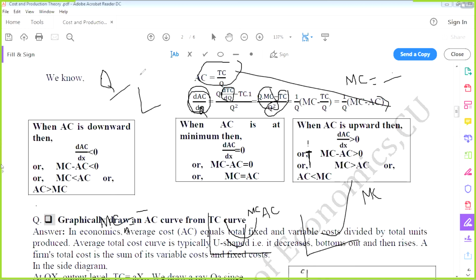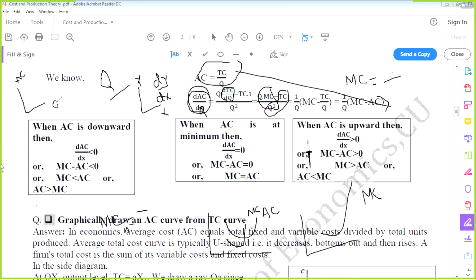This is the y-axis, the vertical axis variable, and this is the horizontal axis variable. Slope is the change in the vertical axis variable divided by the change in the horizontal axis variable. Isn't it? This is the slope. So when we draw the diagram of AC, AC is here, isn't it?